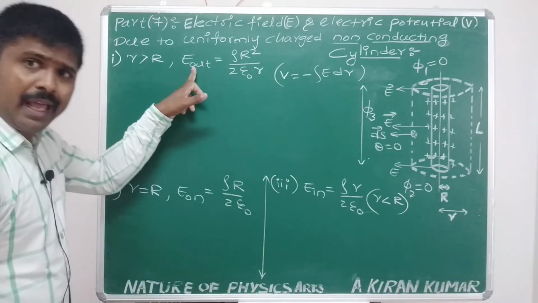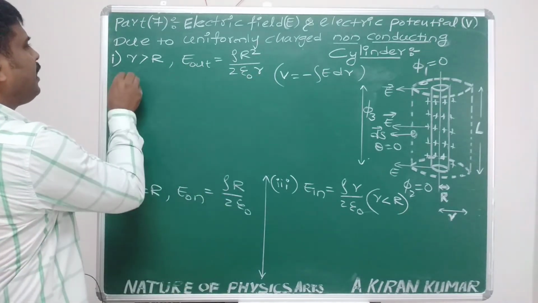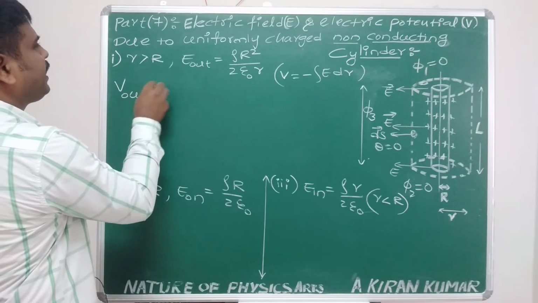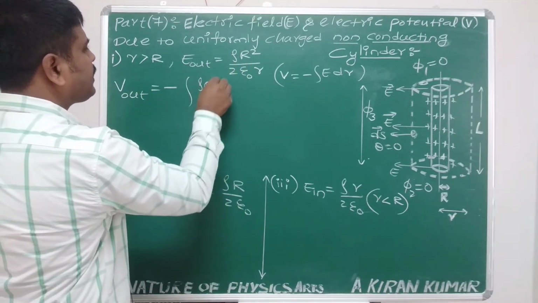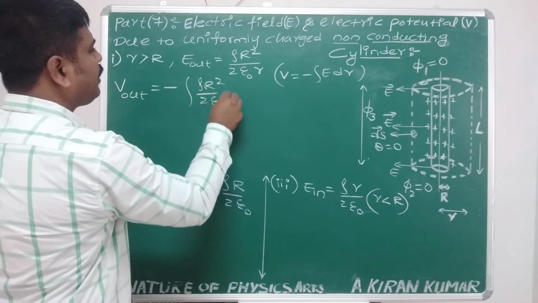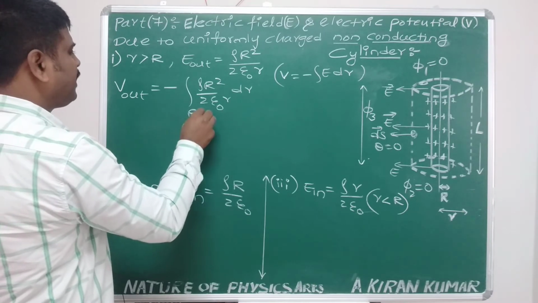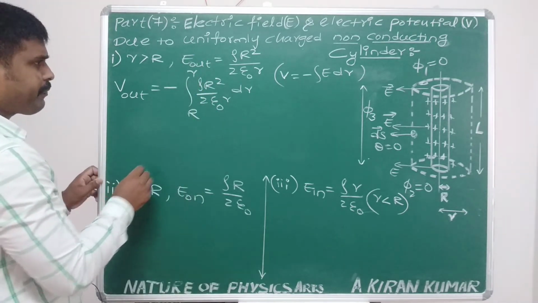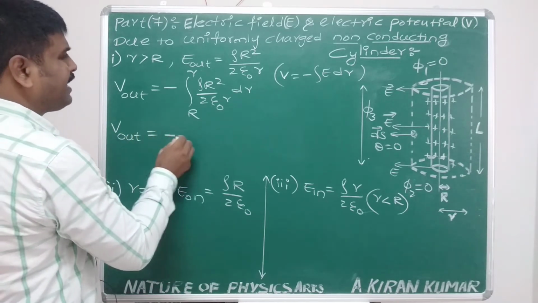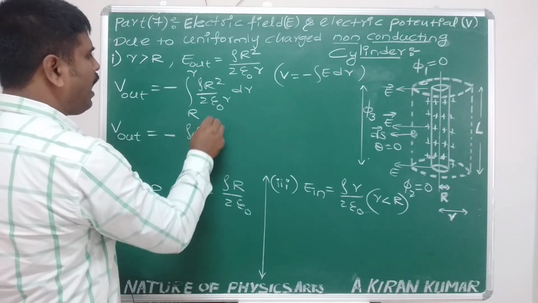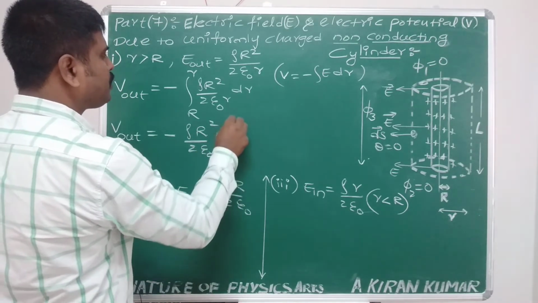We already know the electric field intensity, just now completed. First, V outside is equal to minus integral of E out, which is rho R square divided by 2 epsilon naught r, into dr, with limits from capital R to small r.